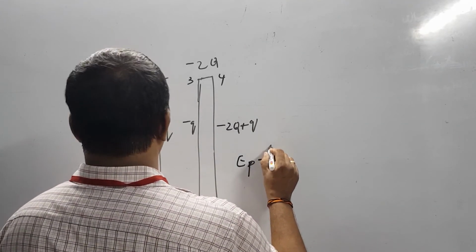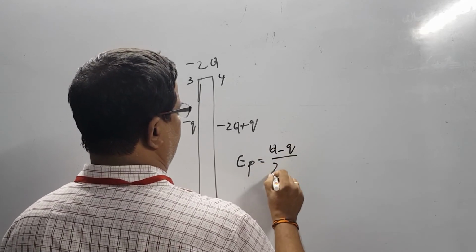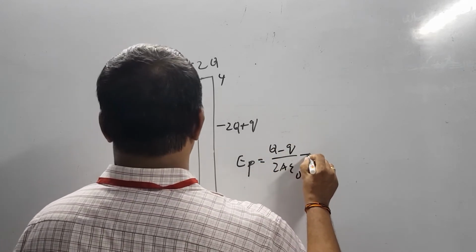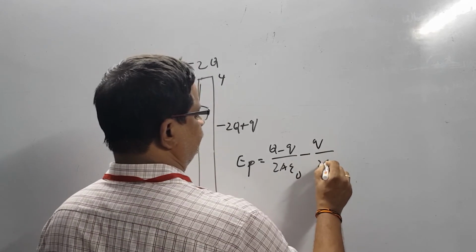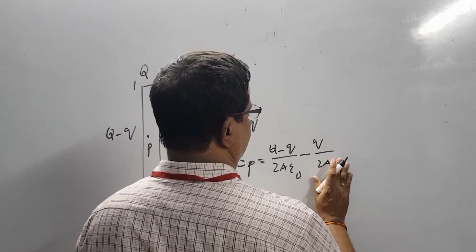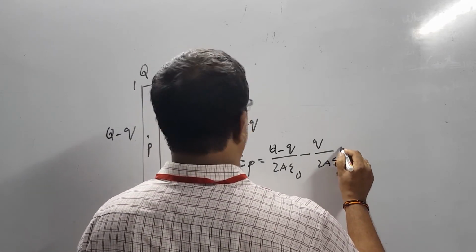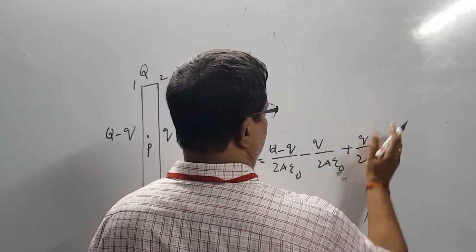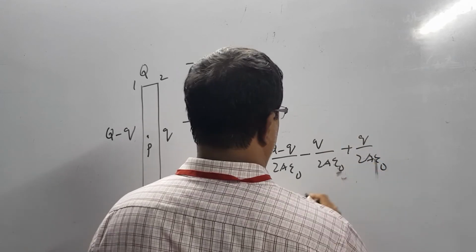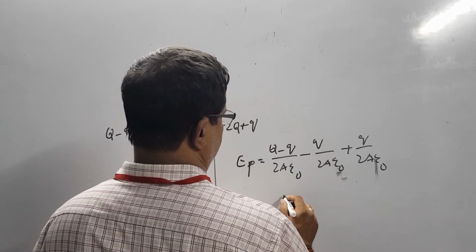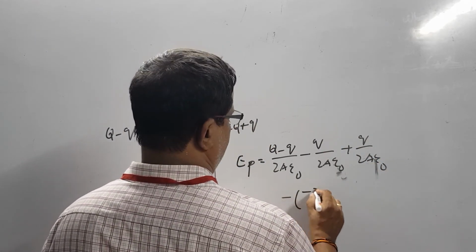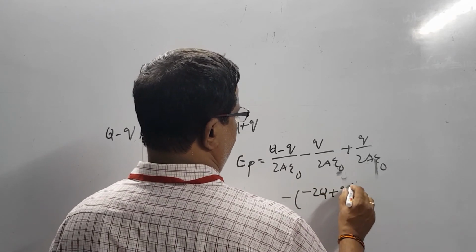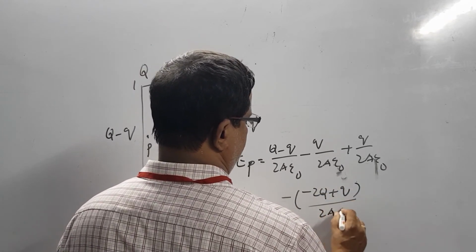EP will be equal to q minus q by 2A epsilon 0 minus q by 2 epsilon 0, then plus q divided by 2A epsilon 0, and finally the last term, minus of minus 2q plus q divided by 2A epsilon 0.